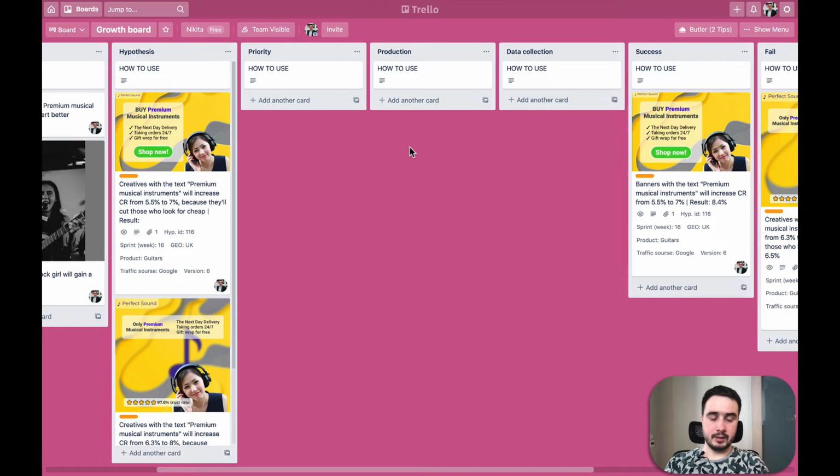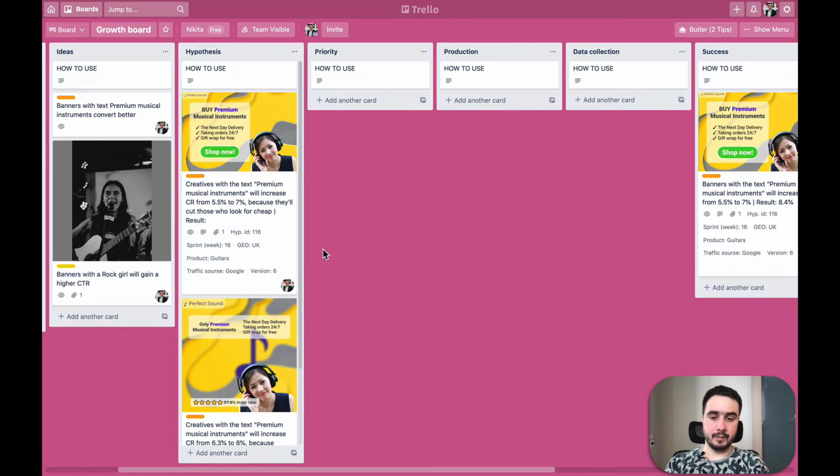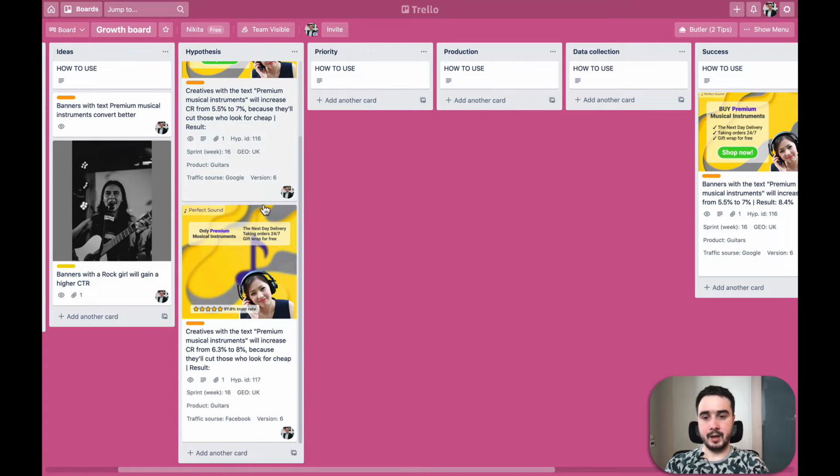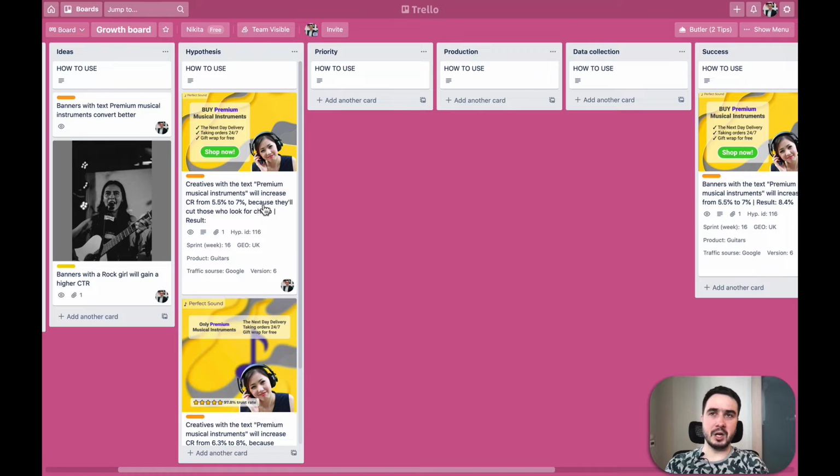So this means that at the beginning of the week we see the hypothesis column and we see, for example, 40 of them. And we understand that it's too much and we want to test maybe 10 this week, maybe 15. So put the best hypotheses to priority. Each team member decides which of his hypotheses are better to test in this sprint, and they add them to priority.